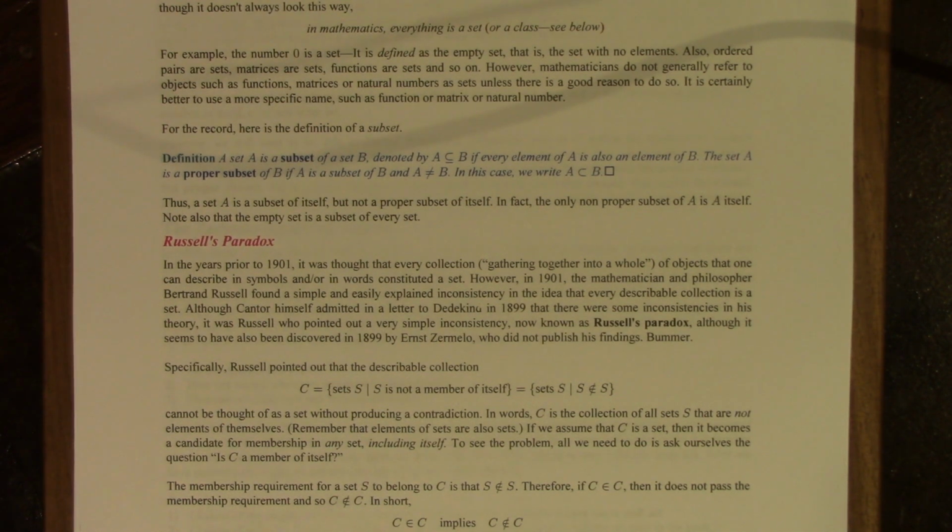In the years prior to 1901, it was thought that every collection, gathering together into a whole, as Cantor would say, of objects that one can describe using symbols or words constituted a set. But in 1901, the mathematician and philosopher Bertrand Russell found a simple and easily explained inconsistency in the idea that every describable collection makes a set.